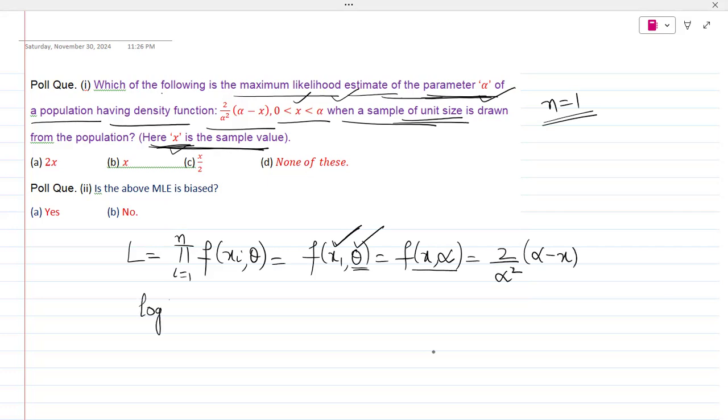Log L now will be log of 2 plus log of (alpha minus x) minus log of alpha square.